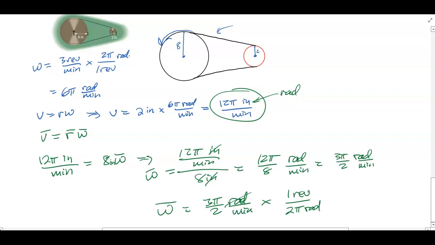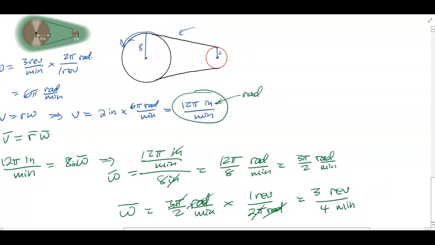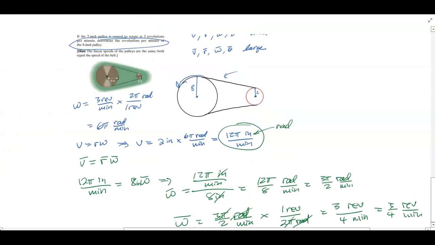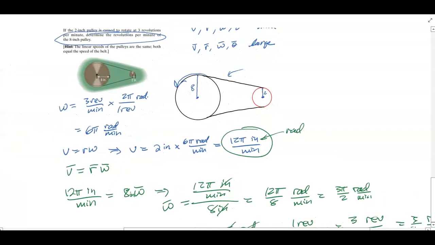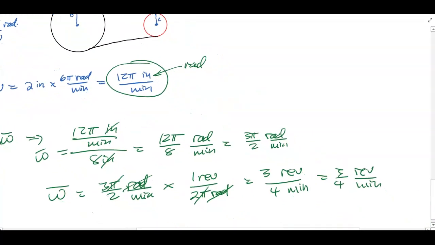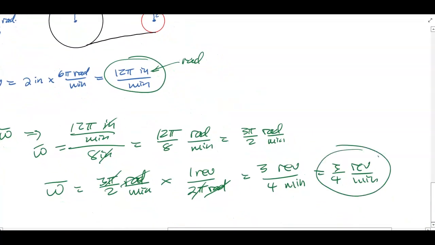So the radians would cancel, the pi's cancel, and you're going to get 3 revolutions over 4 minutes. So 3/4 of a revolution per minute. And I think that's what they wanted. Revolutions per minute. Yeah, 3/4 revolutions per minute. That's how you get that.